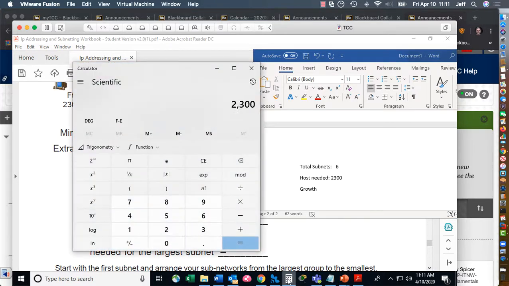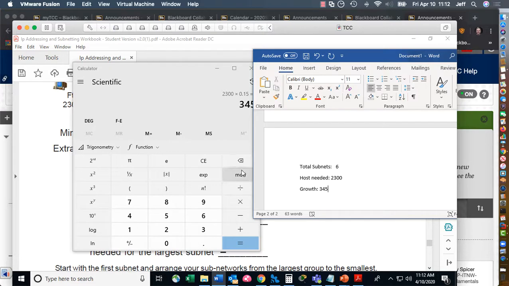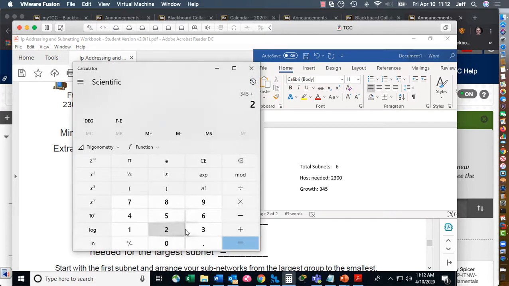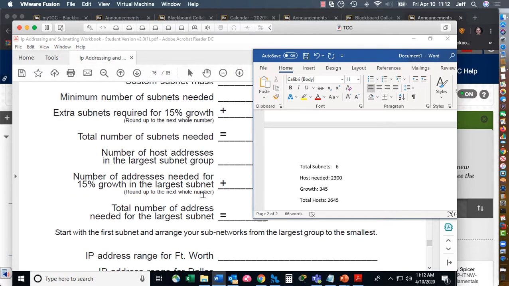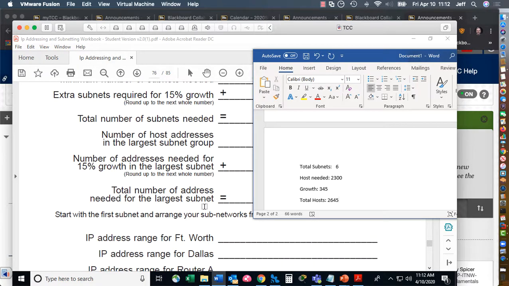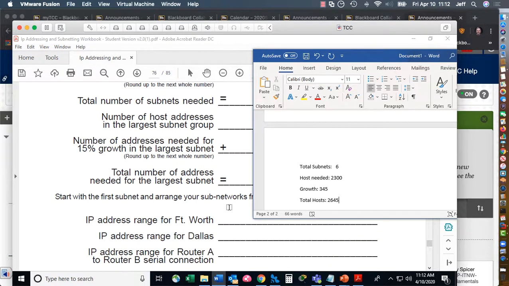So 2,300 times .15 is 345. And add the 2,300, and you got 2,645 total hosts. 2,645. And that's for the largest subnet, right?